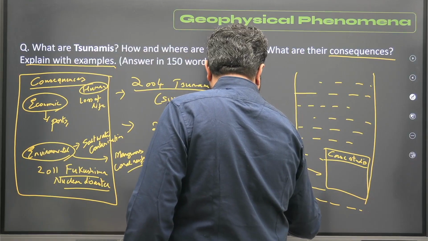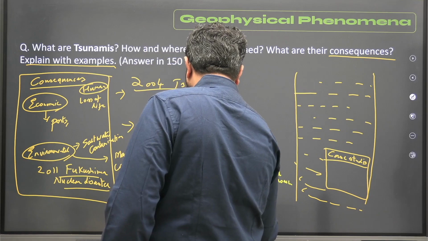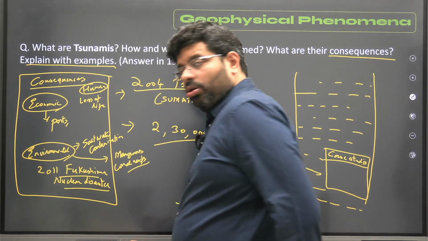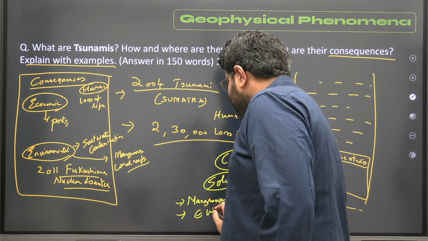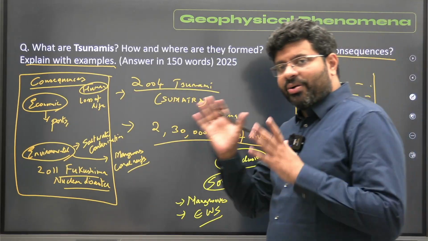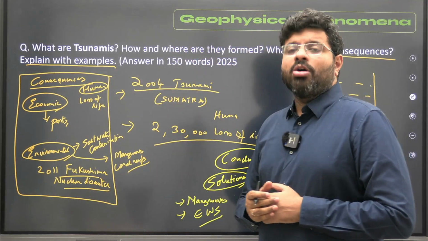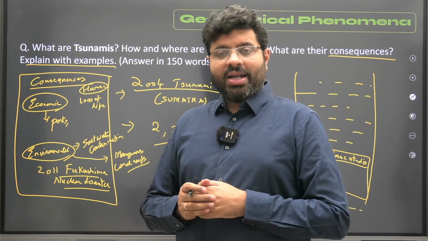Okay, you can talk about calling for mangroves, which will act as a first line of defense. You can call for early warning systems, which will help you in terms of protection. That is how you can connect, right? So this is about the tsunami. Hope you all have understood this, right? Okay.